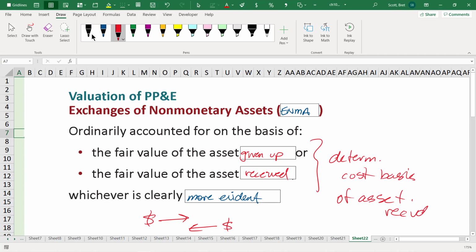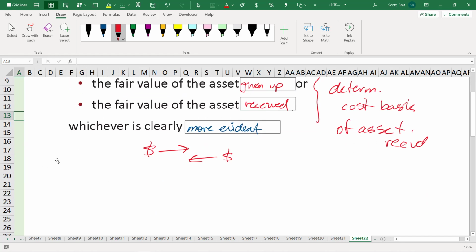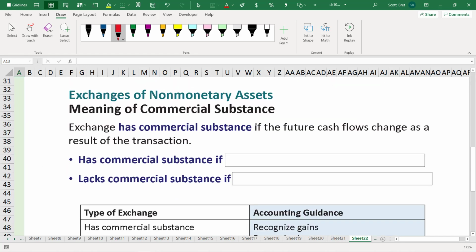Nevertheless, the FASB has some particular rules with regard to ENMA transactions. So down below, here's one of the first things we need to consider: whether or not an exchange has commercial substance. An exchange has commercial substance if the future cash flows change as a result of the transaction. Well, specifically, what does that mean?